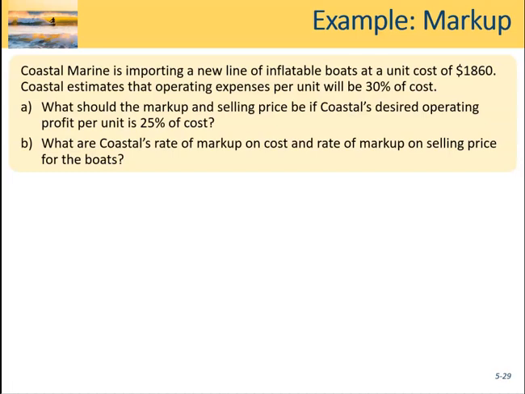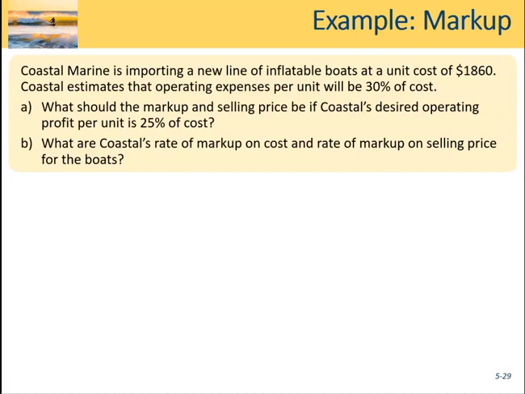What should the markup and selling price be if Coastal's desired operating profit, so there's your P, is 25% of cost? Okay, so we know that the selling price is equal to cost plus expenses plus profit.